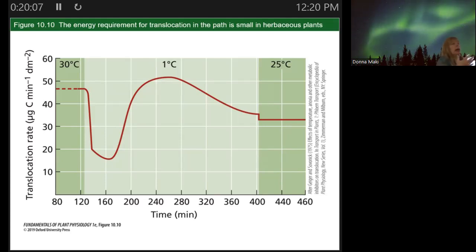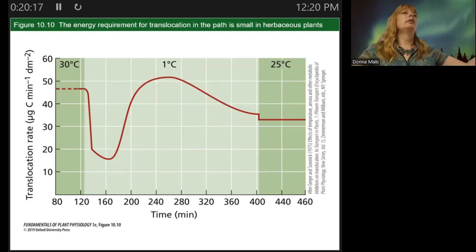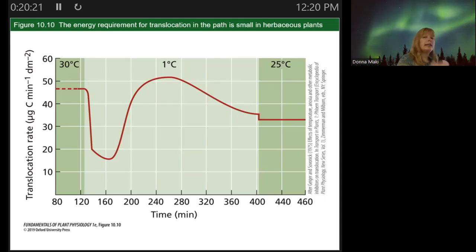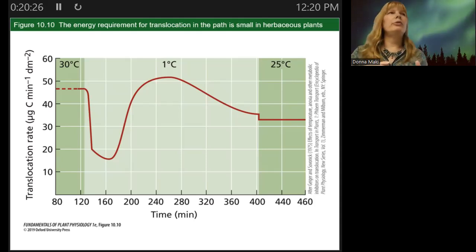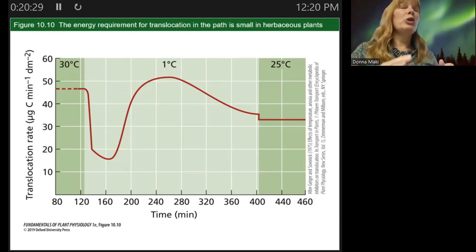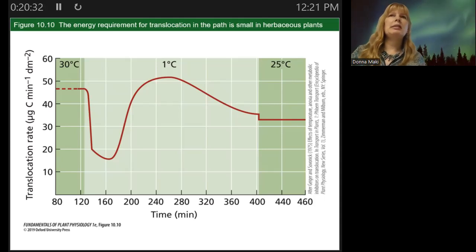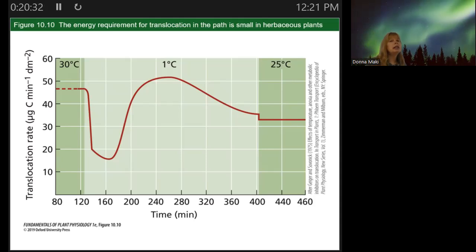It just took a little while to bounce back from that, but not very long at all. And it did bounce back. It's like, oh, I can handle this. It acclimated and then kept going with phloem translocation. No ATP was needed. Again, this was just data trying to demonstrate that you didn't have to have ATP for phloem translocation to occur. So lots and lots of experimentation went into this to solve this mystery.